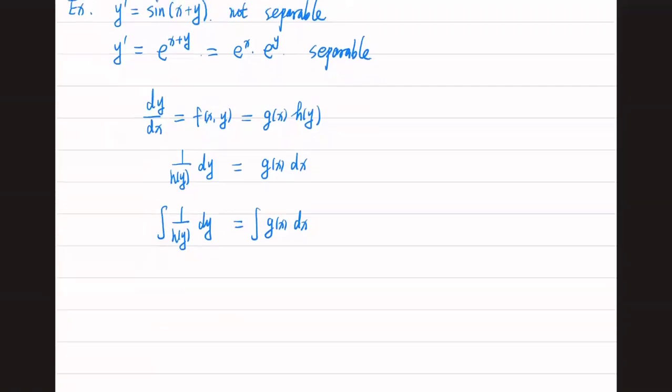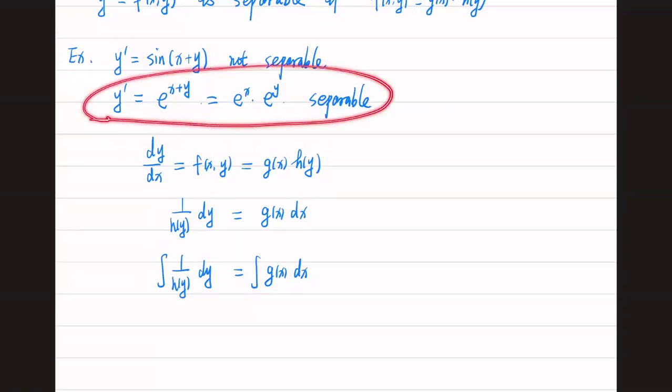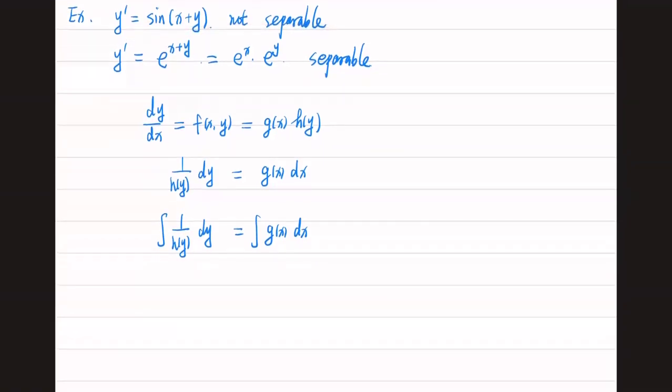Okay, let's try this one. It's separable. Let's separate the two variables and see what you get. Y derivative. Okay, how do we separate them?